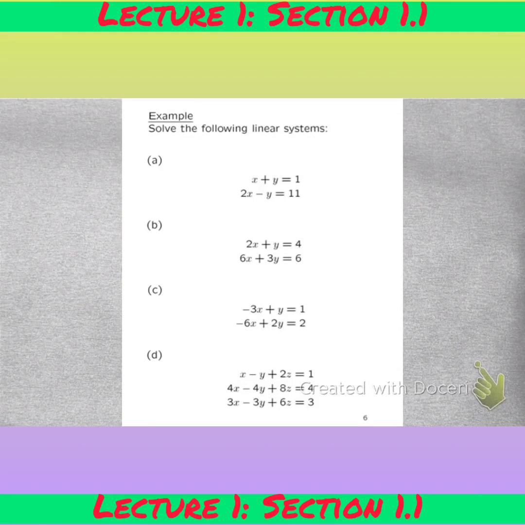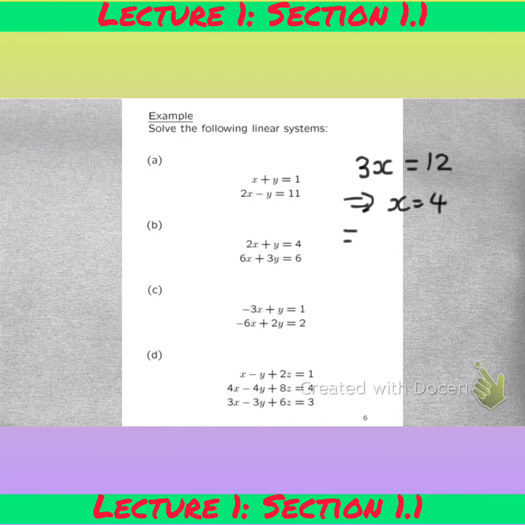Right, okay, so here we are asked to solve the following linear systems. You should be familiar with that. We can add the first equation to the second equation, and we end up with 3x on the left hand side. The y's cancel, and that's equal to 12 on the right hand side, which implies that x is equal to 4.